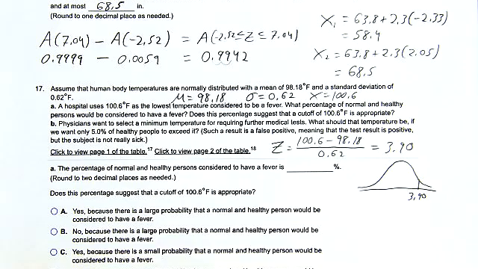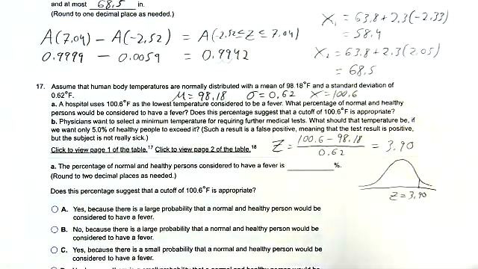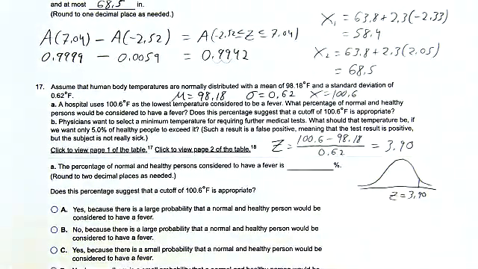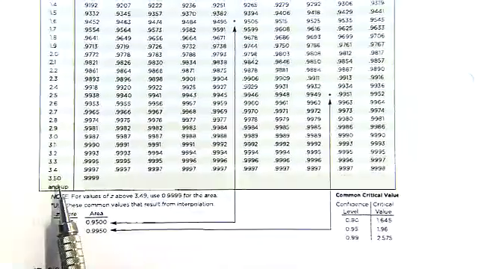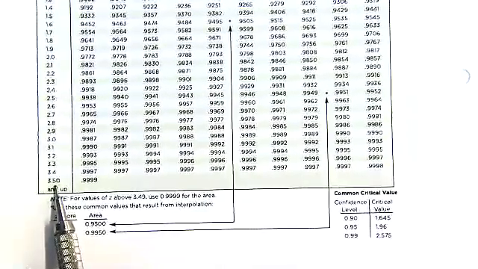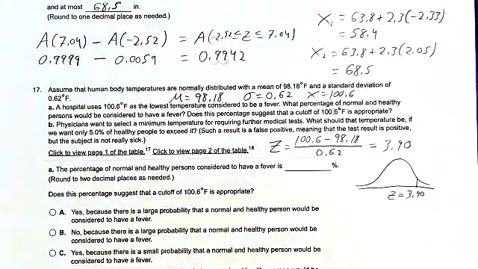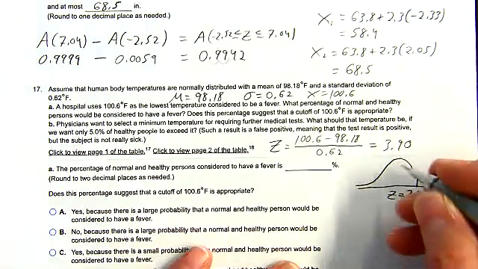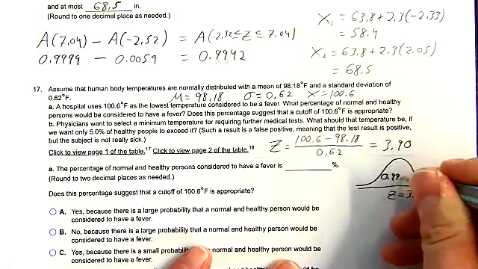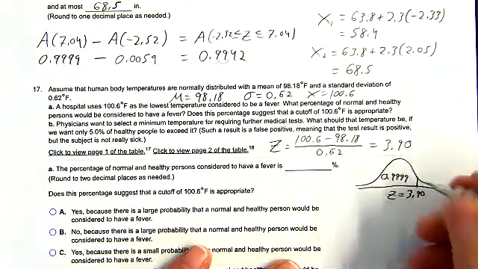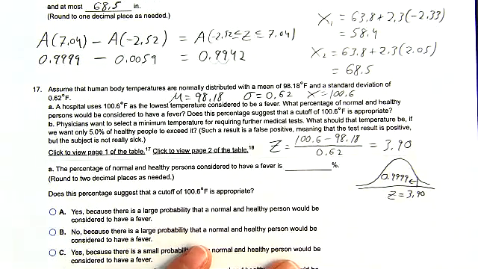If we look up 3.9 on the positive z chart, you might recall that we just got done saying anything bigger than 3.5 has an area of 0.9999. So this area here is 0.9999 to the left of this marker.